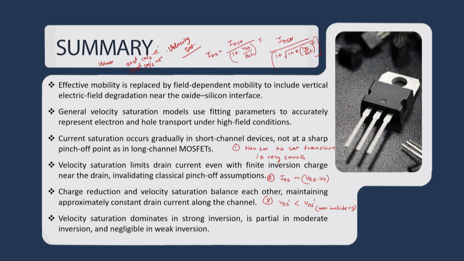So, in modern devices, when velocity saturation occurs, the currents of NMOS and PMOS are almost equal because of the velocity saturation effect.